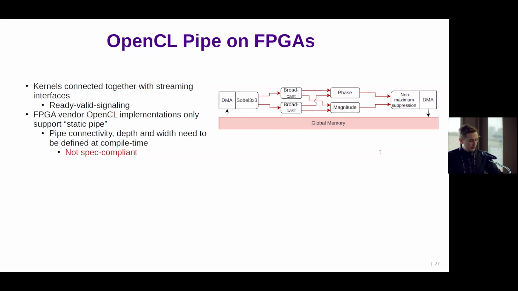First, this is how the FPGA vendors have implemented the OpenCL pipe earlier. AMD doesn't have this anymore, but they used to have this, and I think Intel had this until the very last deprecation notice. Well, they still have it in their tool. During the compile time, the kernels are connected together with very efficient streaming interfaces.